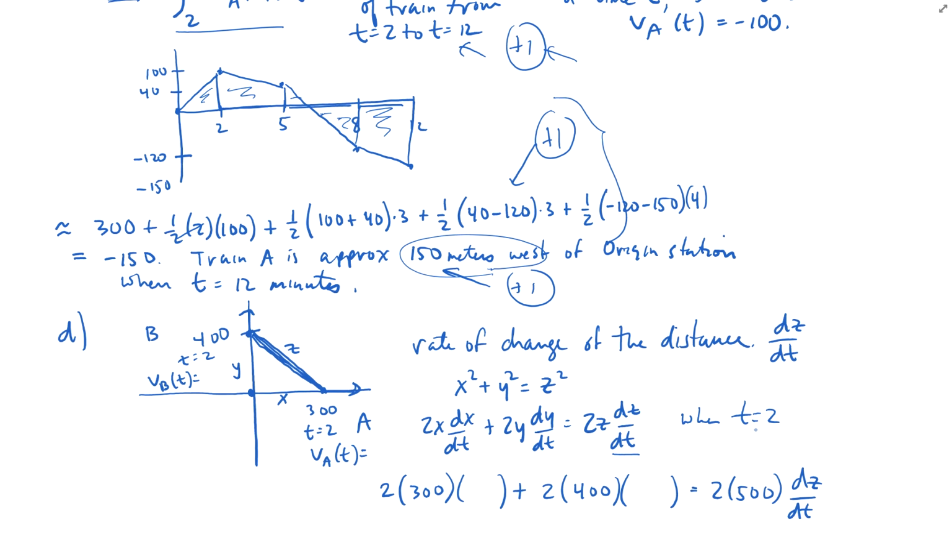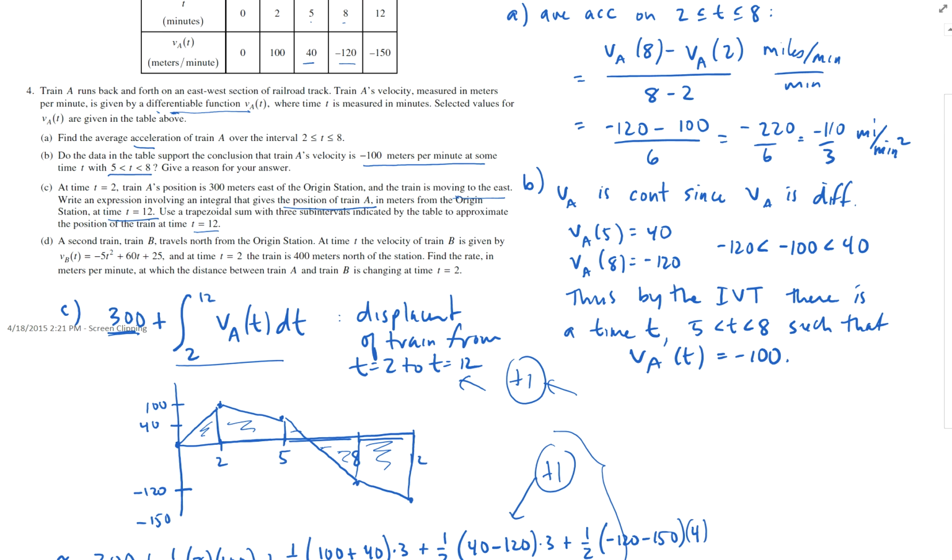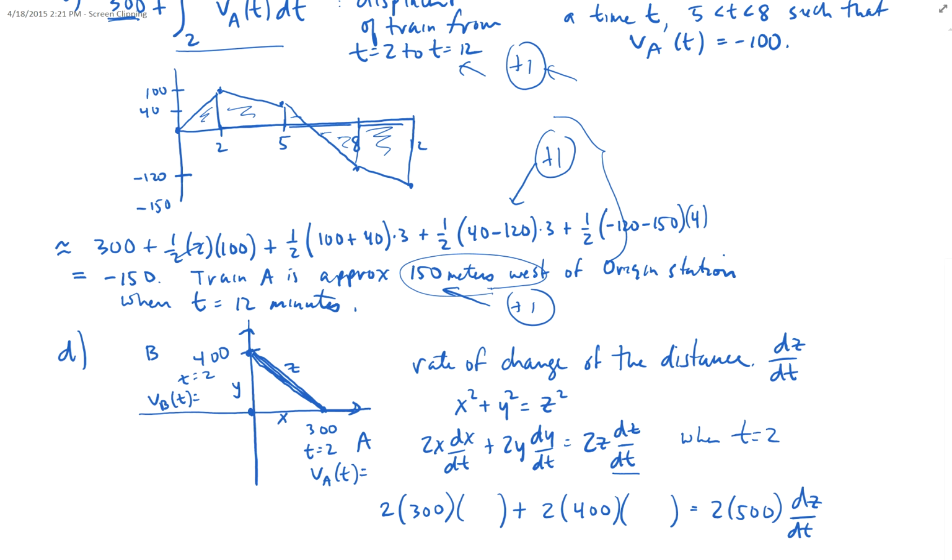When t is equal to 2, what's the rate of change of train A? Well, right up here, it's 100. So train A, that's x, that's 100.